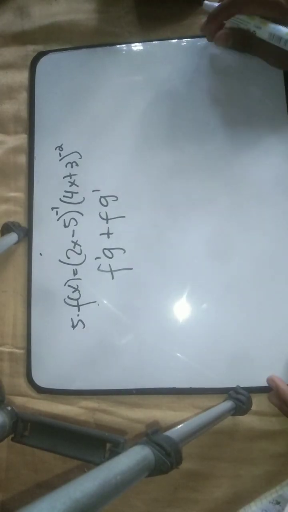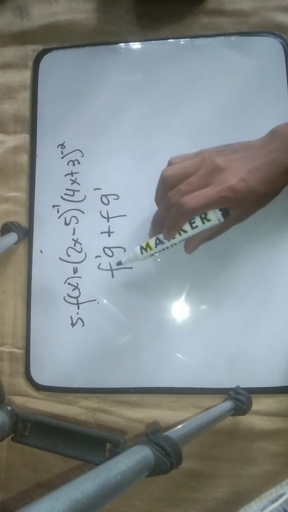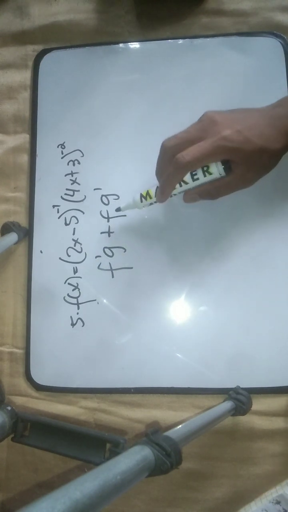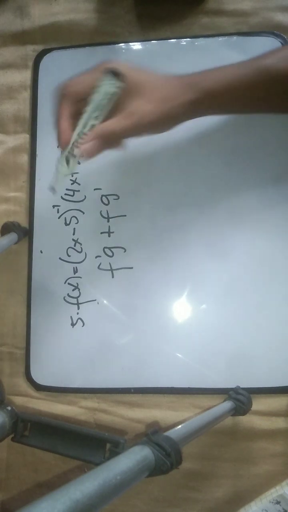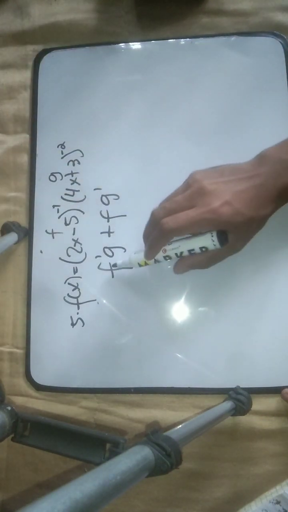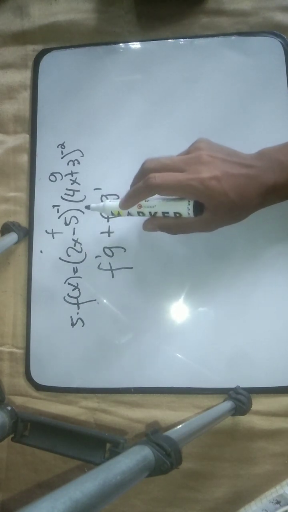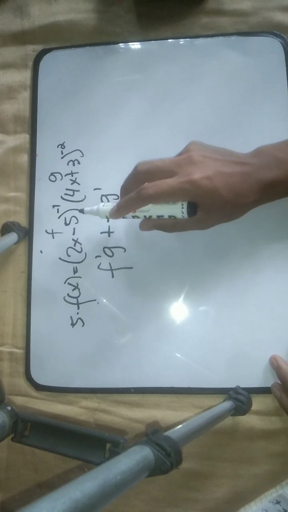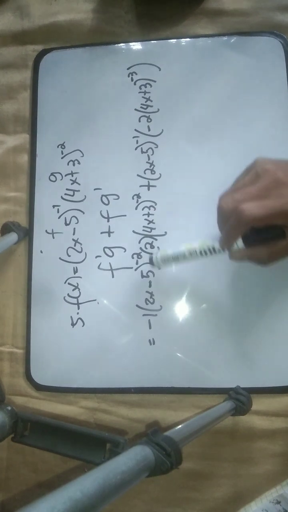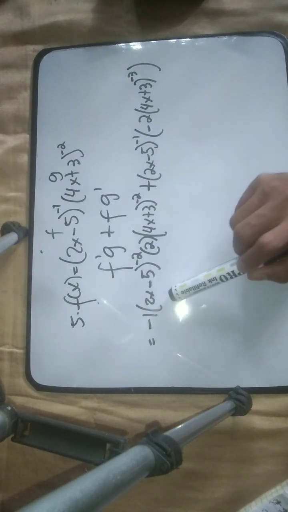Now in this next function, we will use the formula of the derivative, f times g plus f times the derivative of g. Let's say this is our f and this is our g. The derivative of this function, we will use the chain rule.